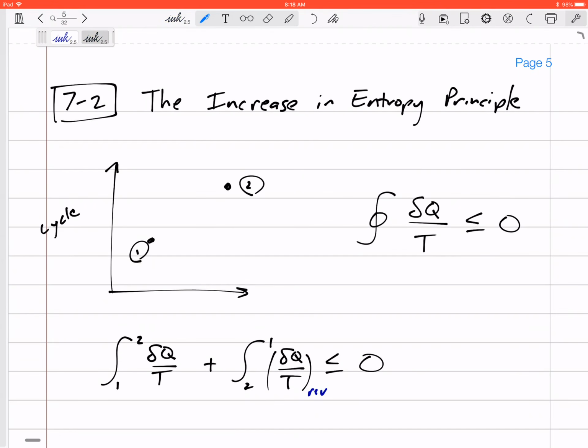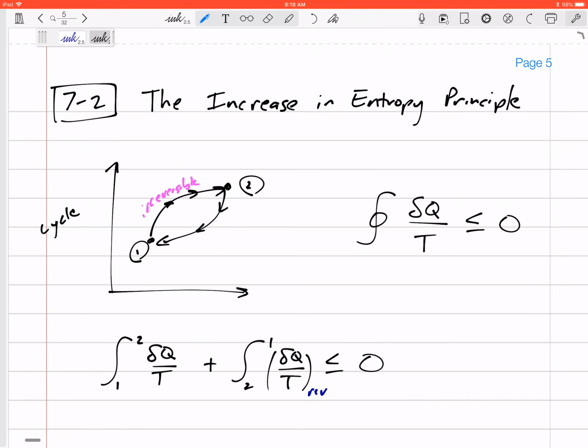So let's say we are operating under a cycle, so we're going from state 1 to 2, but then back to state 1. Let's say we take one path to state 2, and let's say this was an irreversible path, but then we come back a different way.